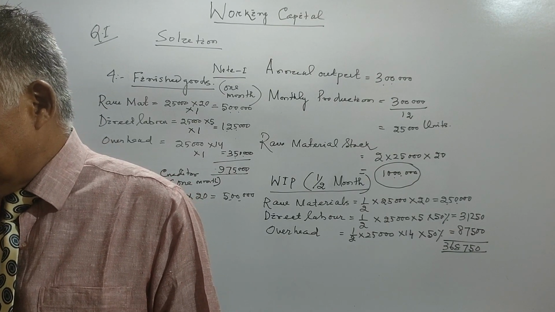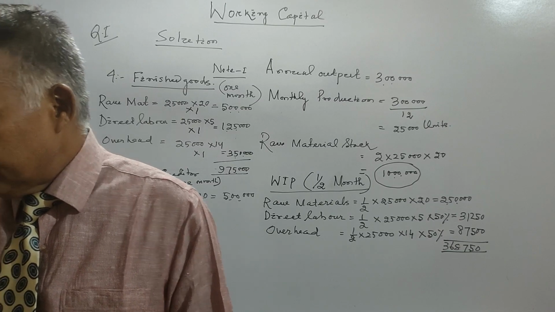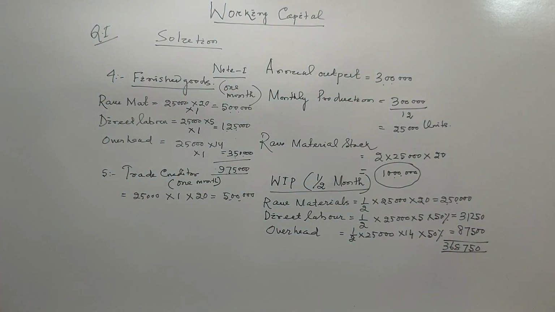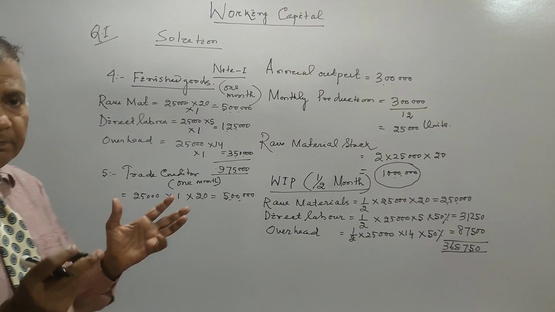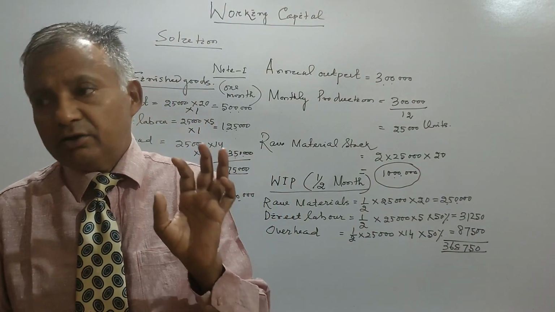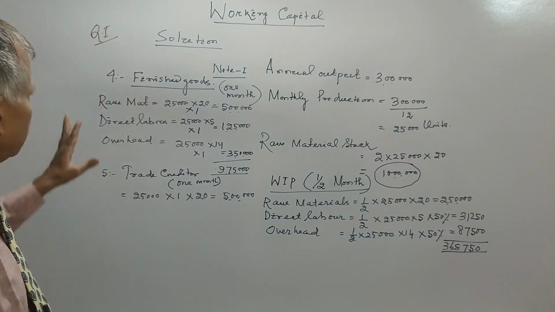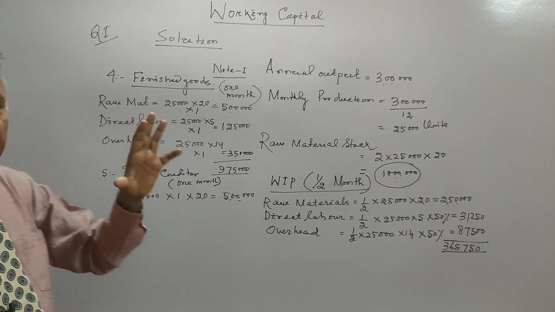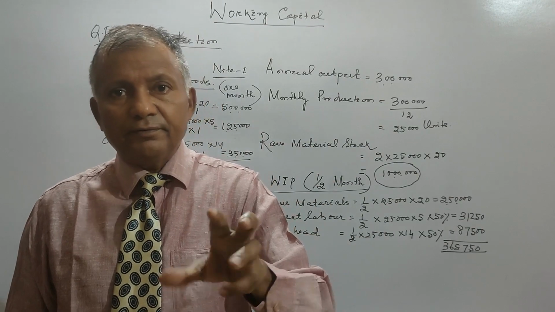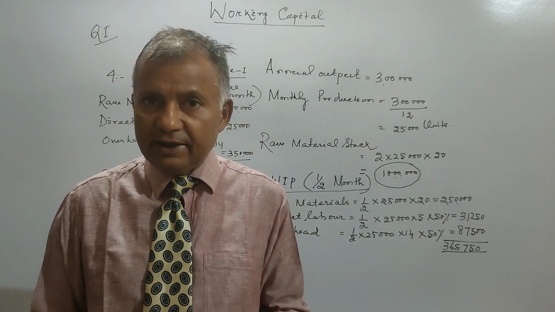2 months credit is normally allowed to debtor, right? So debtor is, that is customer. Customers are paying once in a 2 months. They are giving 2 months credit. So in case of debtor, we can calculate the debtor on the basis of cost and on the basis of sales price.